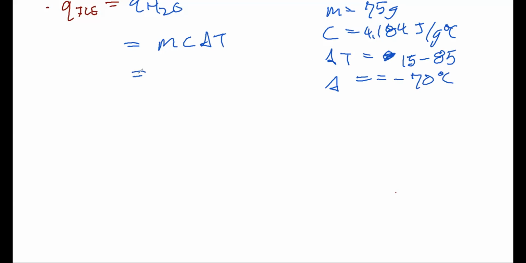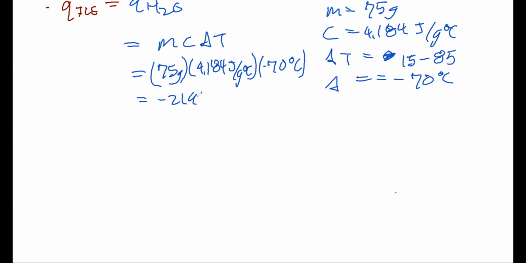And so we can update this: we have 75 grams, 4.184 joules per gram degrees Celsius, and our delta T, which is going to be negative 70 degrees Celsius. So that side, pretty straightforward.